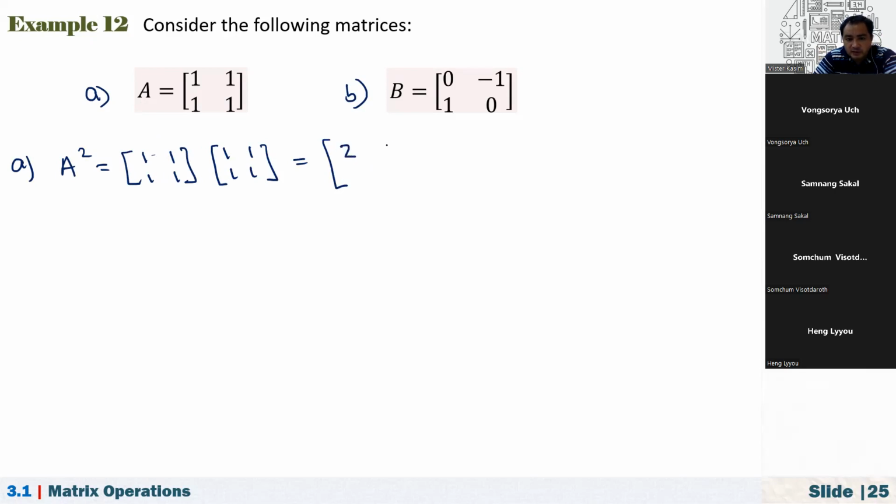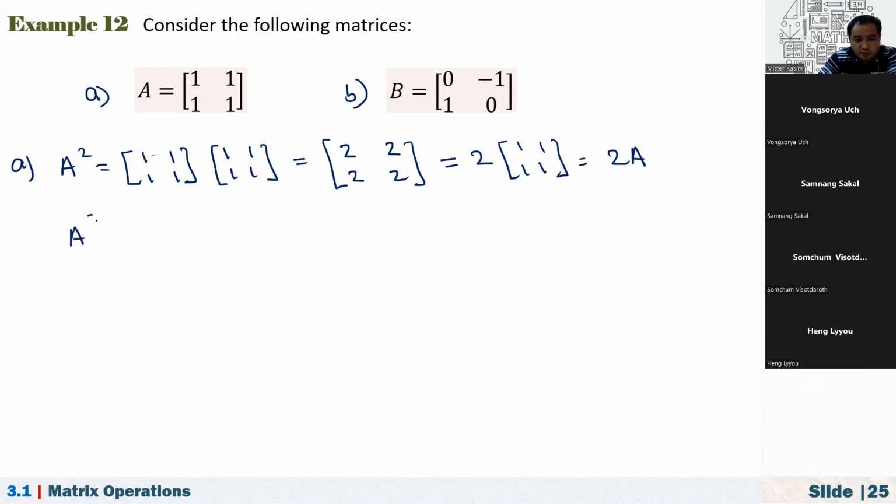Again, it is 2. Also this is 2, also that is 2, right? So we have 2, 2, 2, 2. That is just a common factor. I can write it as 2 times 1, 1, 1, 1. And what is 1, 1, 1, 1? It's our original matrix. That's equal to 2 times A. So A squared is equal to 2 times A.